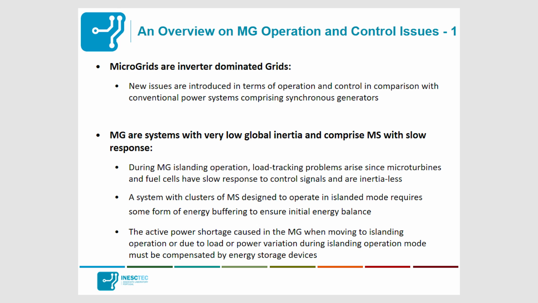And so we may have load tracking problems related with the slow response of microturbines and fuel cells, and this brings problems that need to be addressed properly via batteries, because batteries are the element that will keep energy and will serve as a buffer in terms of energy in order to balance the operation of the grid.